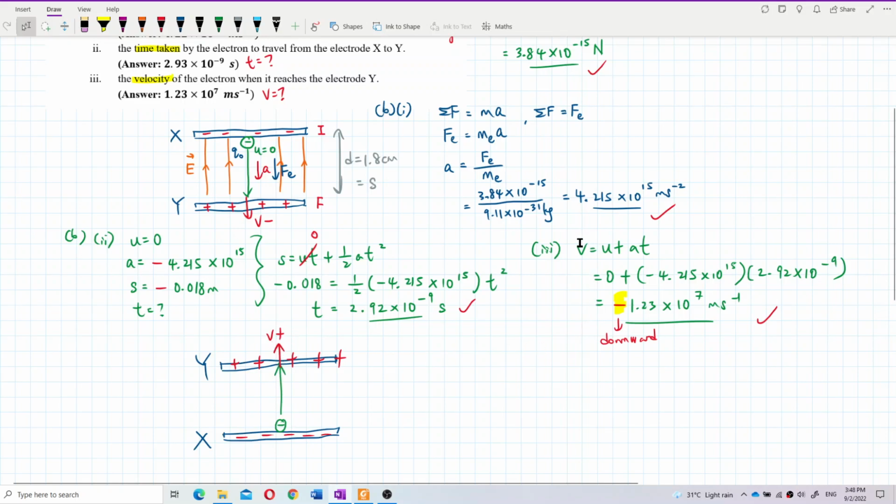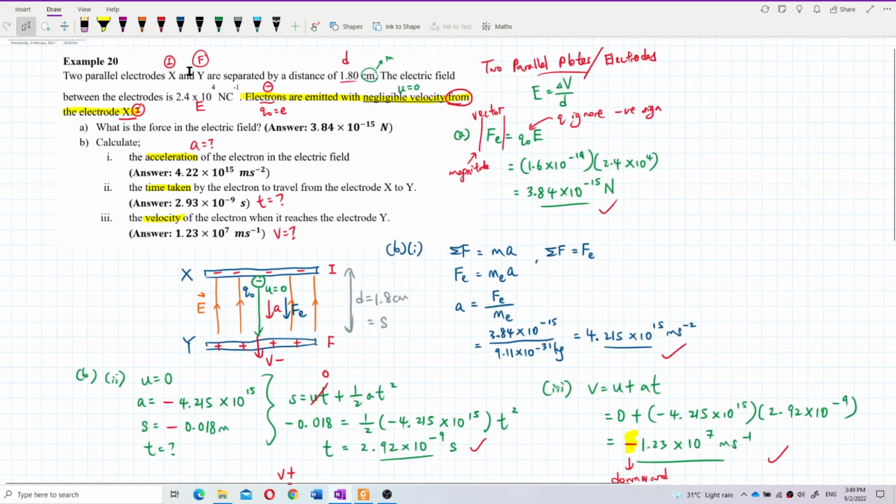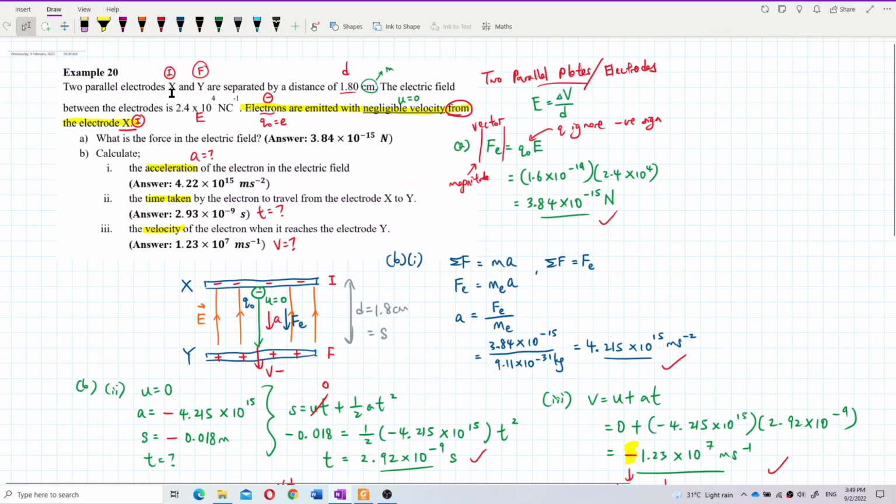So whether the velocity is positive or negative depends on where your electrode X is, at the bottom or at the top. Both answers are acceptable, because the question didn't mention clearly whether X is at the bottom or at the top.